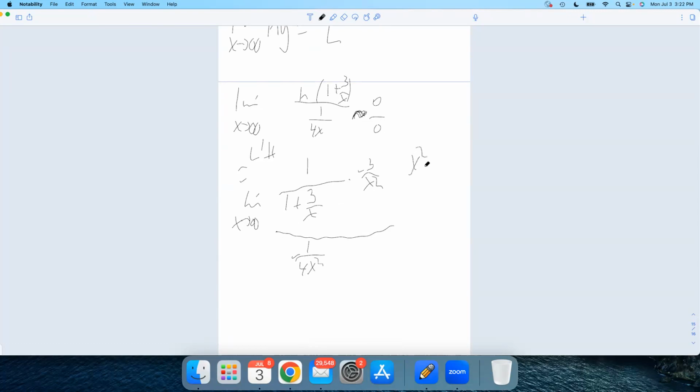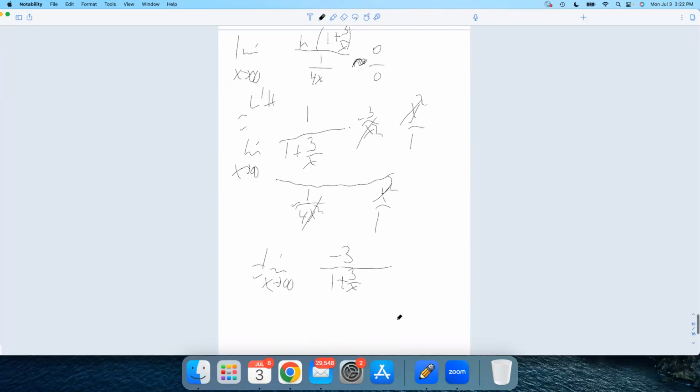If I multiply top and bottom by x squared over 1, that'll cancel out this x squared, and that'll cancel out this x squared. I'm going to get the limit as x approaches infinity of negative 3 over 1 plus 3 over x, all over negative 1/4.